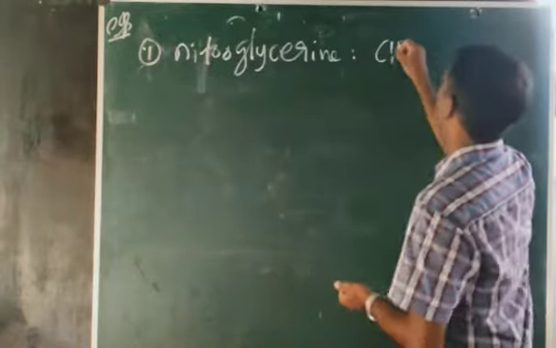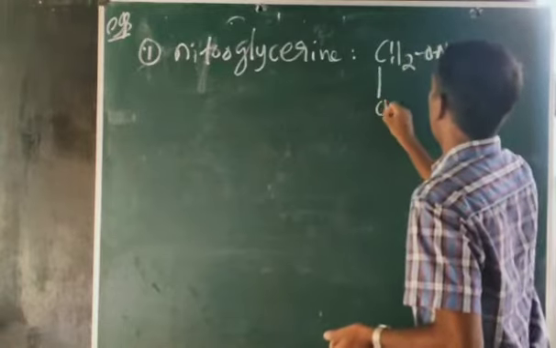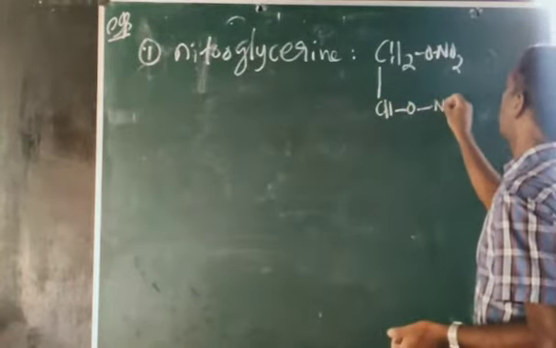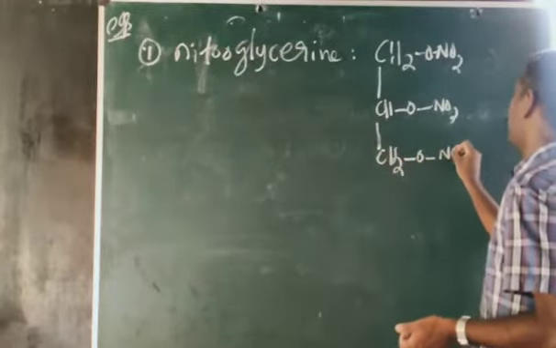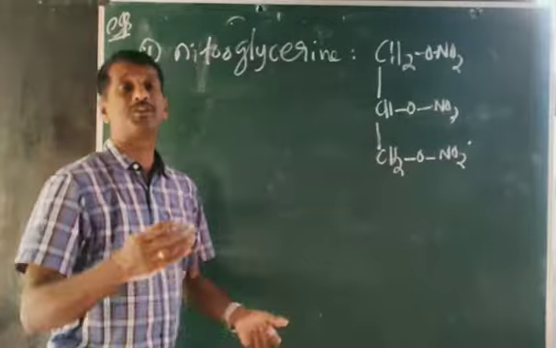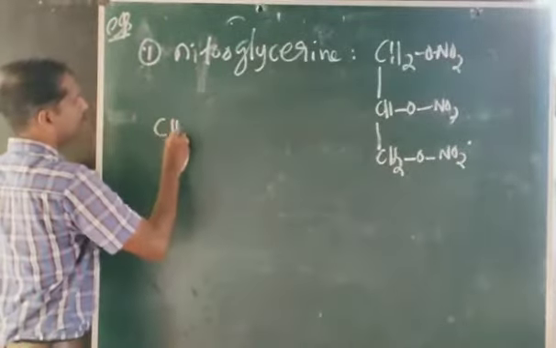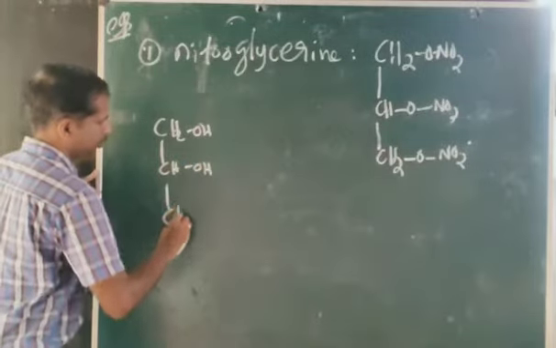You can write it as CH2ONO2, CHONO2 and CH2ONO2. Actually, nitroglycerin is obtained by the nitration of glycerol. What is glycerol? CH2OH, CHOH and CH2OH.